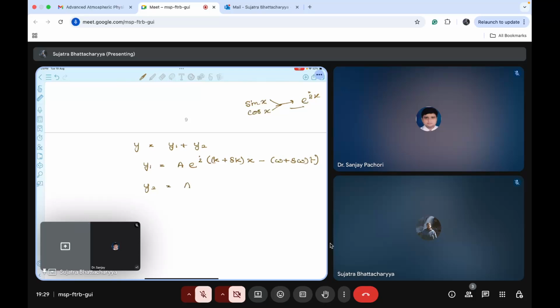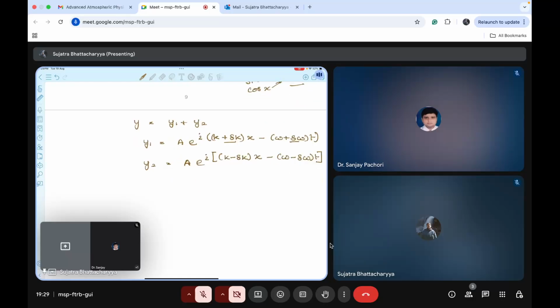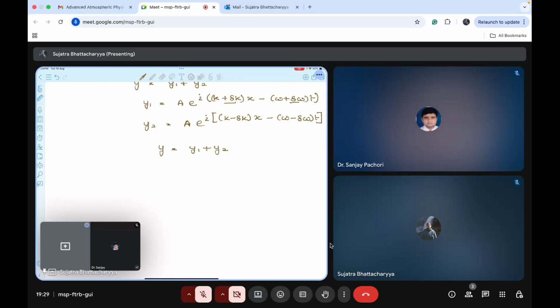For y2, I keep the same amplitude for simplicity, e to the power iota, and here we get k minus delta k. So in one case it is k plus delta k, omega plus delta omega; here the changes are all minus. So these are the two waves. Let's have y equal to y1 plus y2, linear superposition.